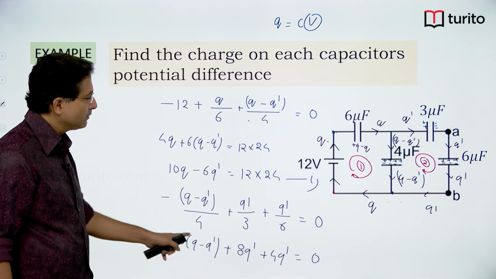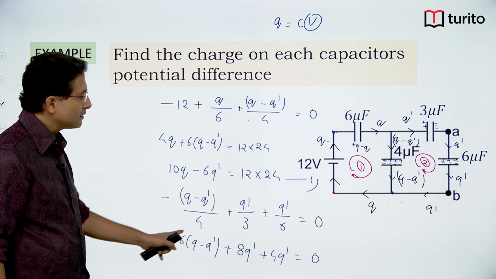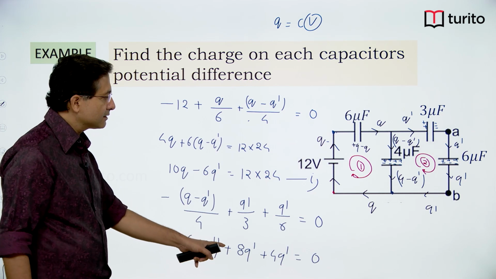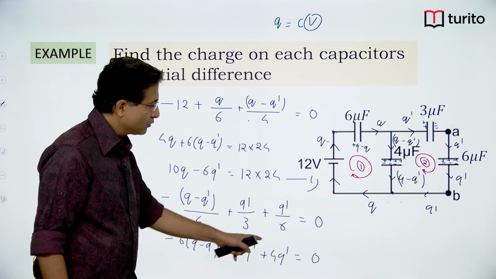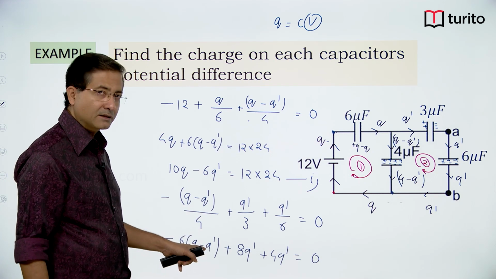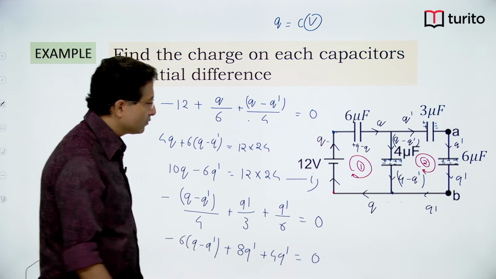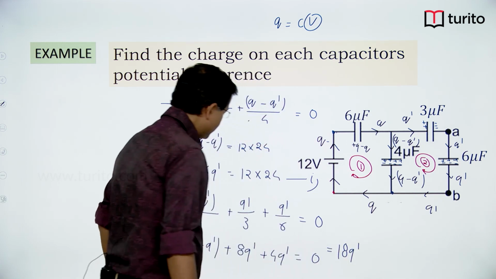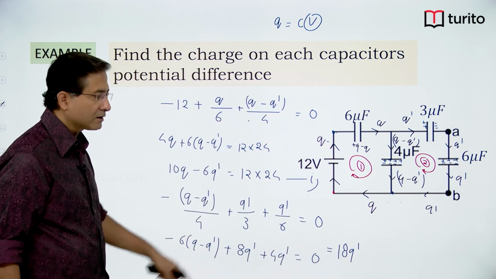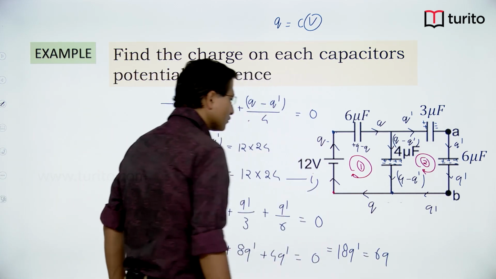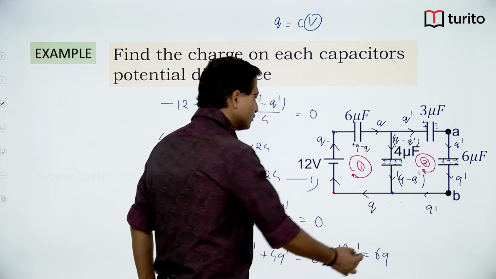So this will make it plus 6 q dash. Here I can see 12 q dash and 6 q dash, 12 plus 6 is 18. So this gives me 18 q dash, and then minus 6 will come on the other side, that will be equal to 6 q.